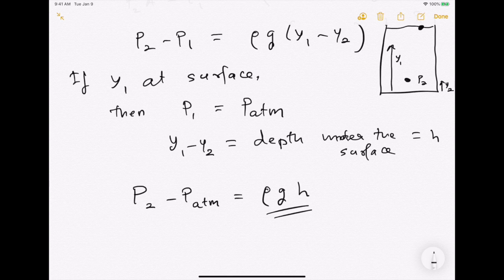And that's why it makes sense to define a new term, which is called the gauge pressure. That is just the difference between the pressure and the atmospheric pressure. So I'm going to call the gauge pressure P. Gauge pressure is simply the pressure over and above atmospheric.